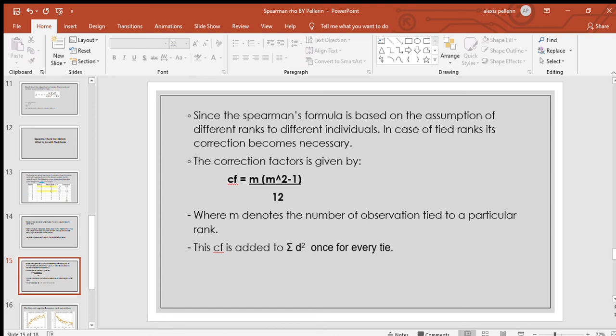Where m denotes the number of observations tied to a particular rank, then this CF is added to the sum of d squared once for every tie. You can use this if there is a tie. If there are two ties, you can use this, 3, 4, and so on and so forth.